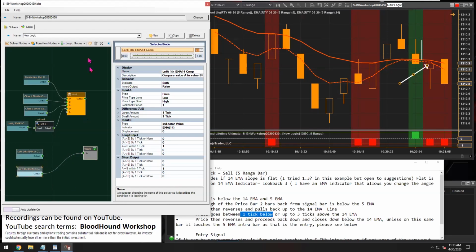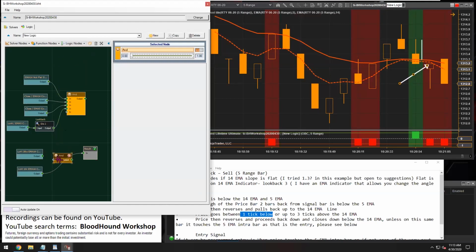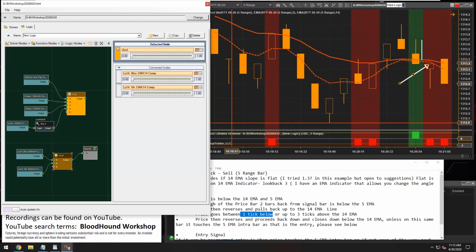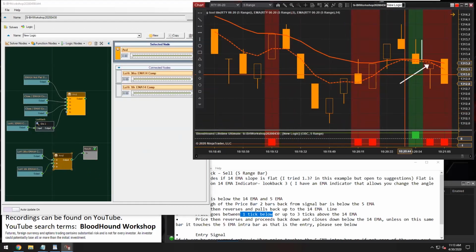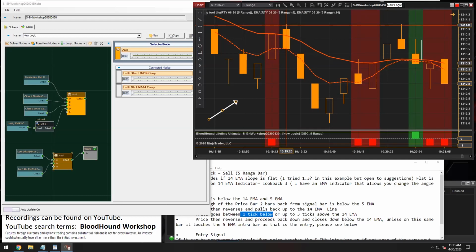Let's take an AND node and just see what we have so far. Well, we have this one, right? Let me get rid of this arrow. This high definitely looks like it was within 1 tick. This one here, remember this high, it looks like it's within 3 ticks, but there's no output here.